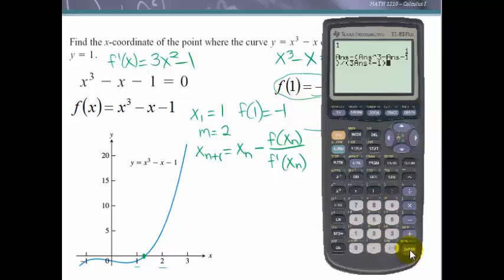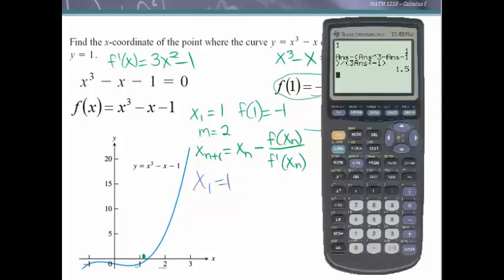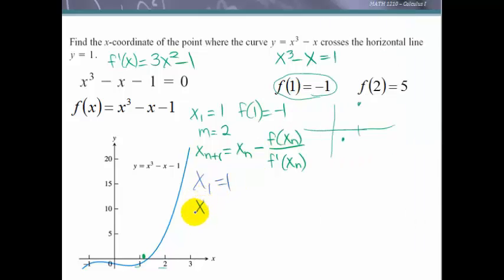Now this is going to compute for me my new x-intercept, had I plugged in x1, followed the tangent to the curve down to the x-intercept. And it looks like I'm going to get 1.5. So I started at x1 equals 1, and after applying Newton's method once, I get 1.5. So my x2 equals 1.5.